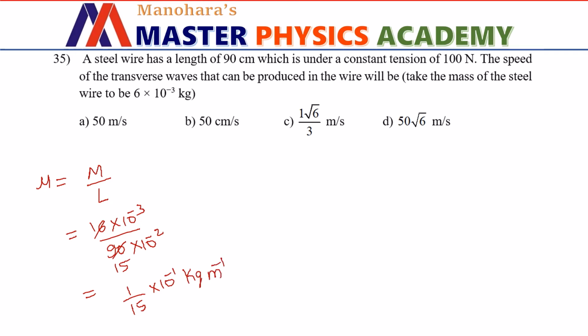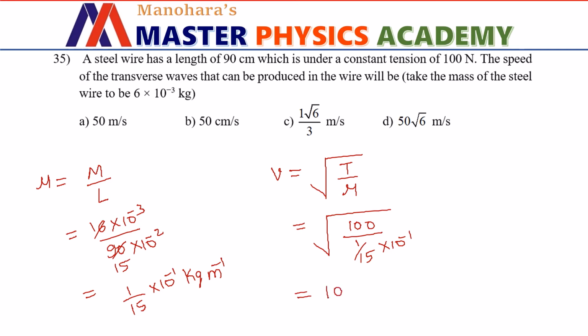The transverse wave will be moving with a speed equal to T divided by mu, whole to the power 1 by 2, on a stretched wire. So now the tension acting on the wire is 100 Newton divided by the mass per unit length, 1 by 15 into 10 to the power minus 1. So it is going to be 10 root of 15 into 10 to the power 1, that is 150, right?